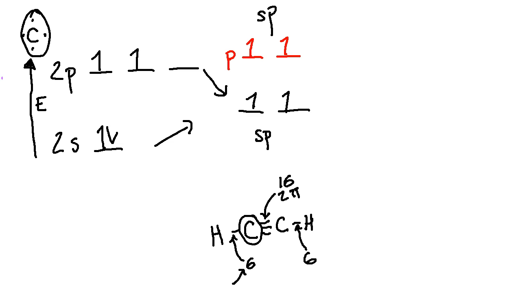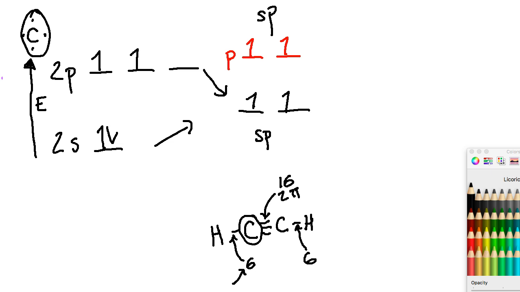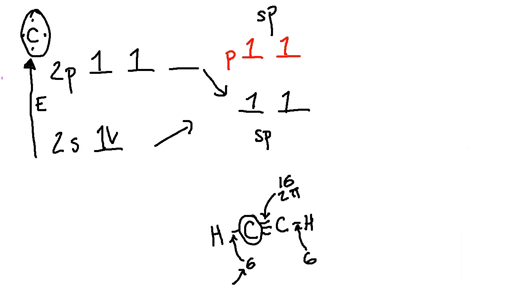So what does this look like? Let's draw it in a different color. All right, so the hybrid, we'll use that teal color. So I'm marking my board up. Here we go. Carbon. Here's one of the hybrids. Here's the other.